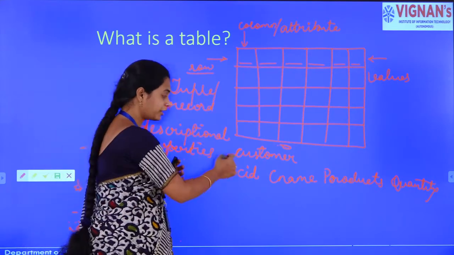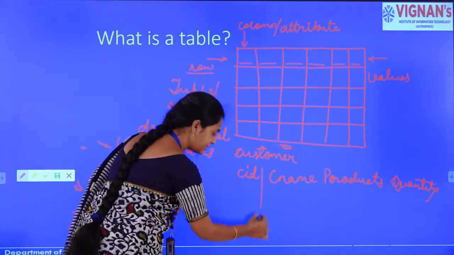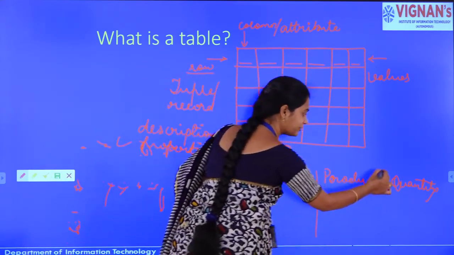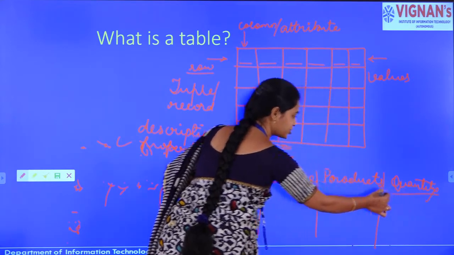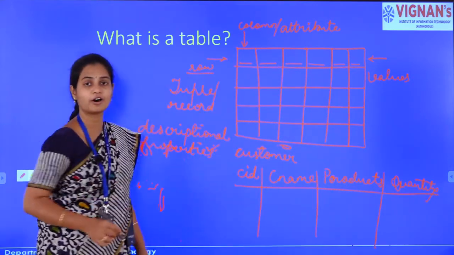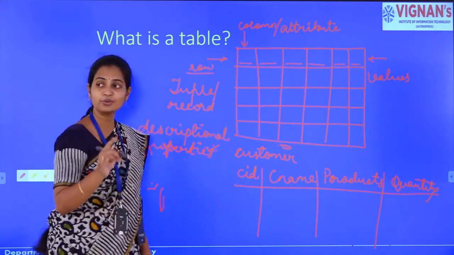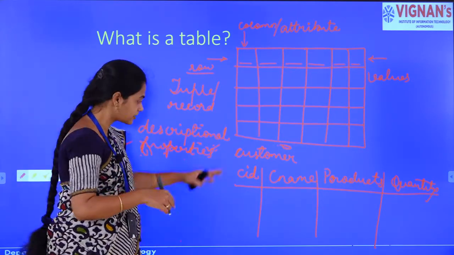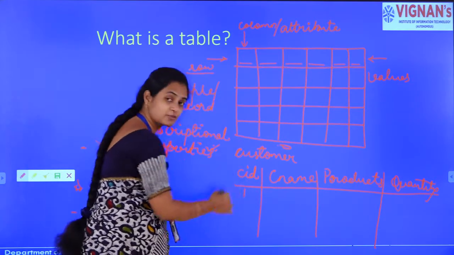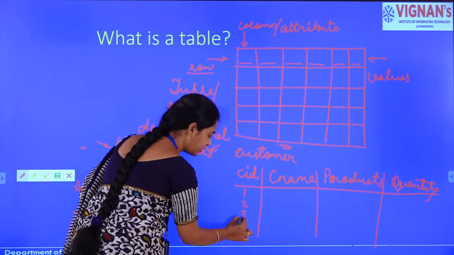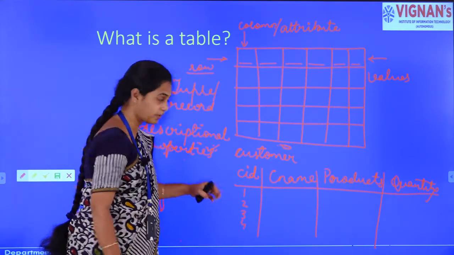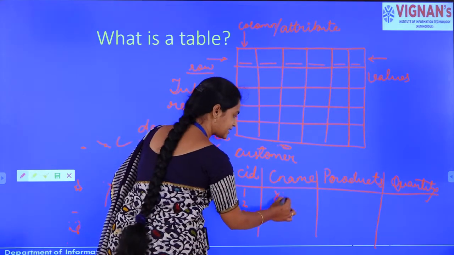Now, what do you need to give? In the first row, we have mentioned the descriptional properties of a customer. Later, in the next rows, you need to specify the values. Suppose I give customer ID as 1, 2, 3, 4. Customer 1's name will be XXX.